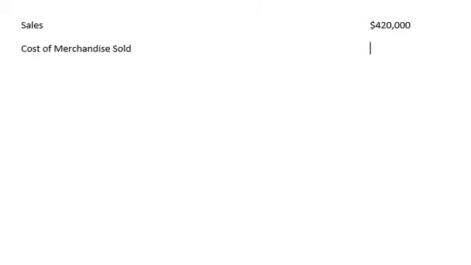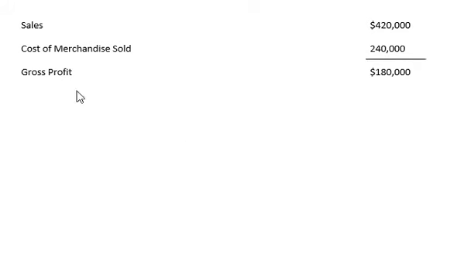And this one we call gross profit. We subtract the two numbers and you get 180,000. Later we can put the cross line in here.